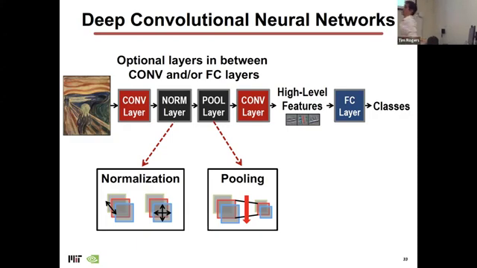In between the convolutional layers, we typically do some other stuff. We don't just take the output of a convolution and shove it into another convolution. There are these things called normalization layers, basically to try to get the weights across the filters to be within some range, okay? Because otherwise you may have weights that are drastically large and drastically small, and that spread in the distribution of the weights can cause training to be slow or not correct at all.